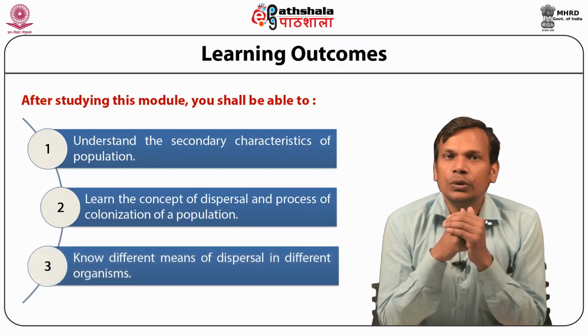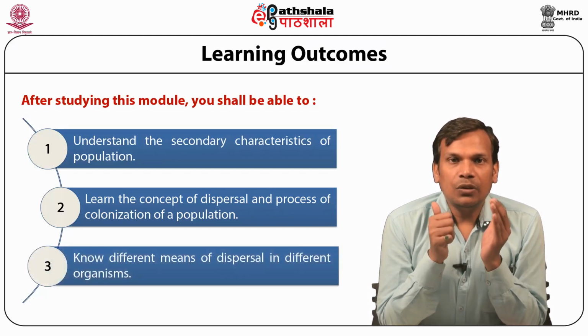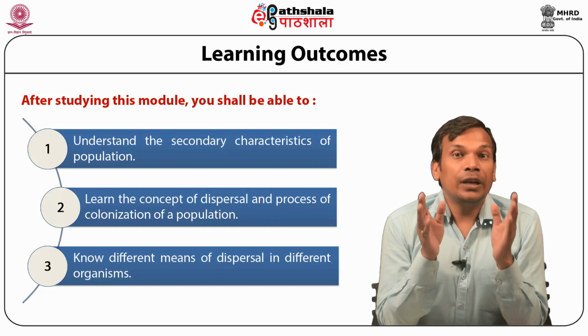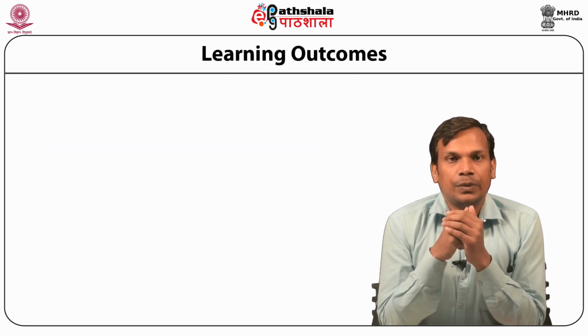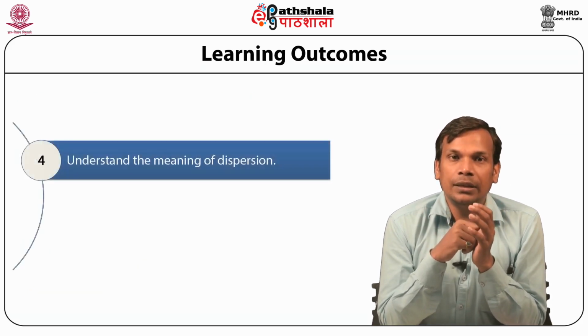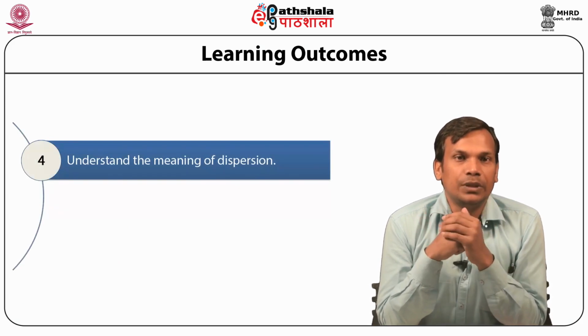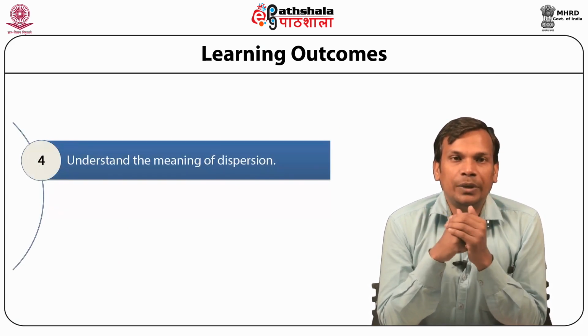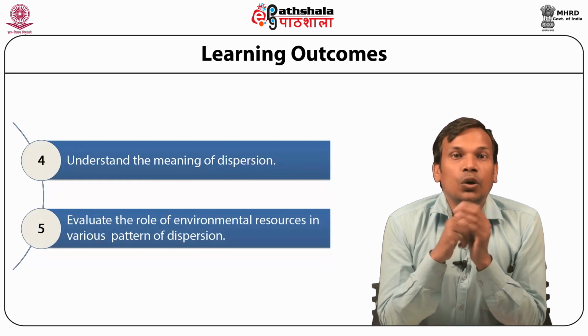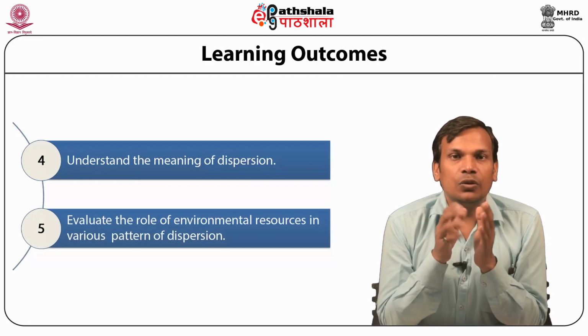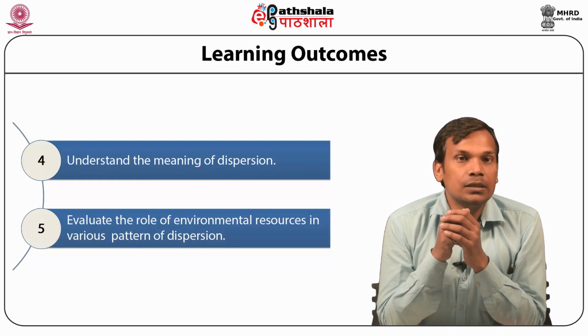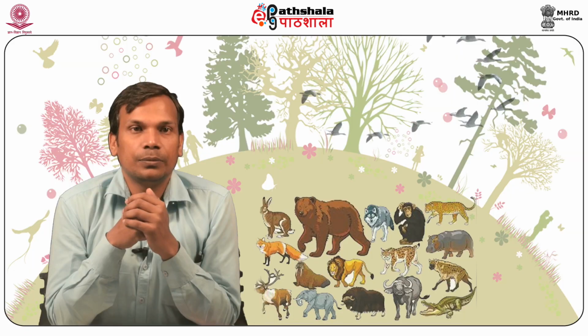You will also know different means of dispersal in different organisms. It will help you in understanding the meaning of dispersion. It will also help in evaluating the role of environmental resources in various patterns of dispersion.